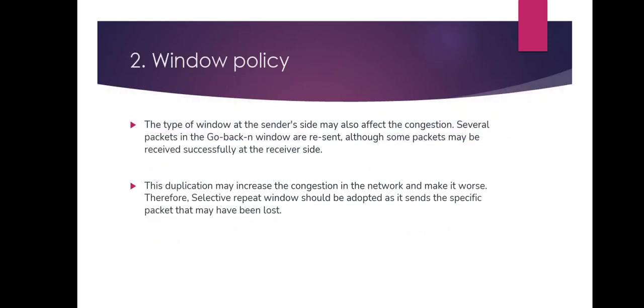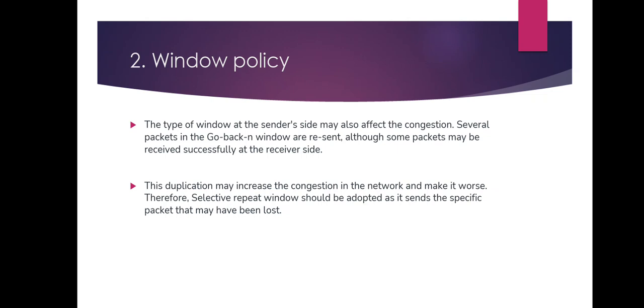Next, window policy. In a window policy there are two methods: go back N window and selective repeat window. Selective repeat window is very beneficial because it sends only the specific packets that may have been lost.